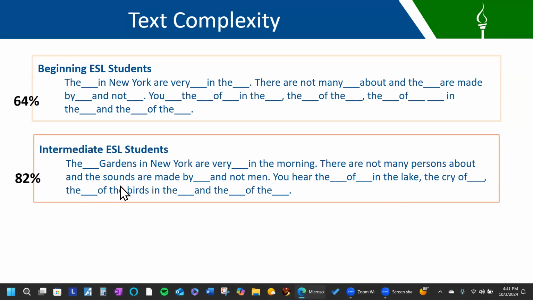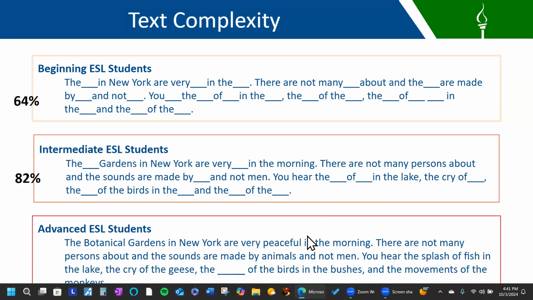So my question about 80% of the words, this is what it would look like. So we might get kind of a general idea, but we're not going to understand the whole passage. And then if you're an advanced English learner, there may be only one word that you didn't understand. And even that one word makes this 95%. Okay.